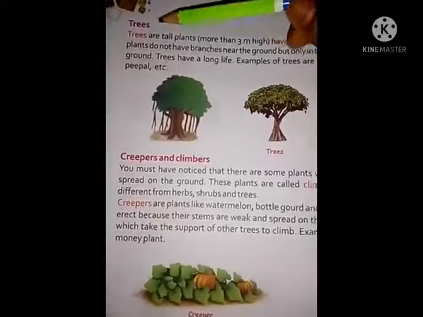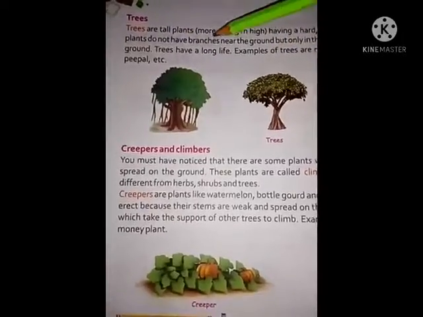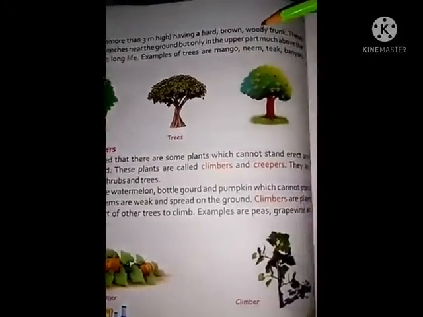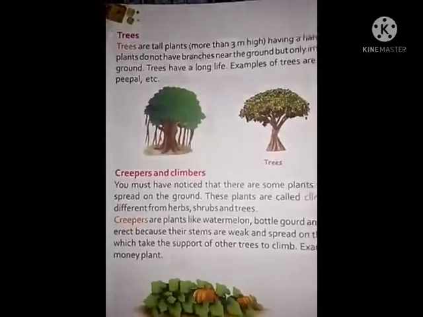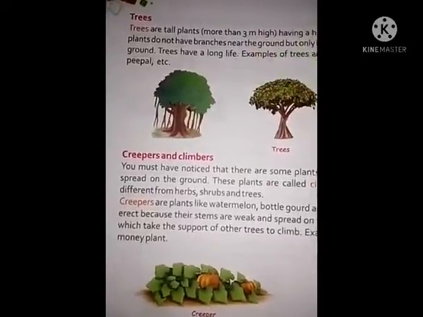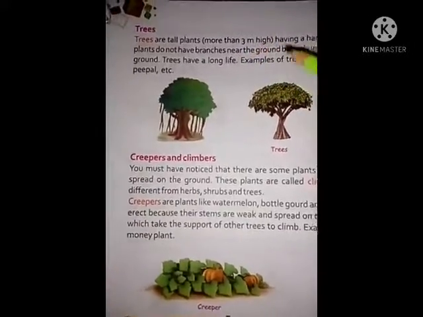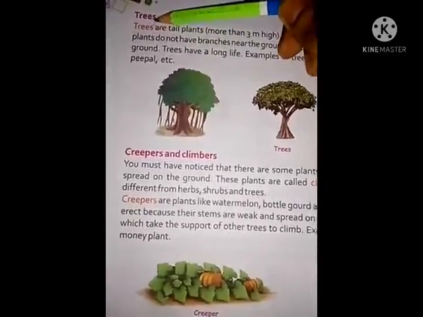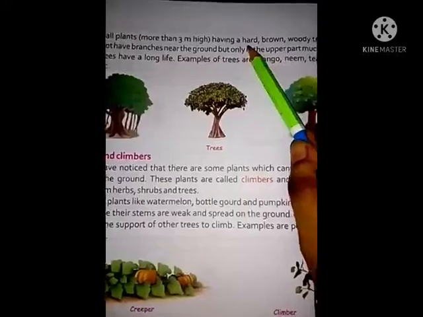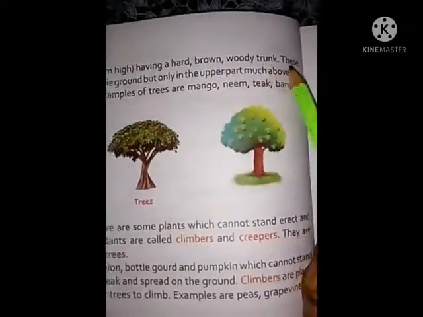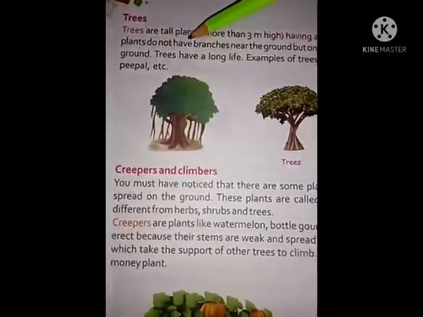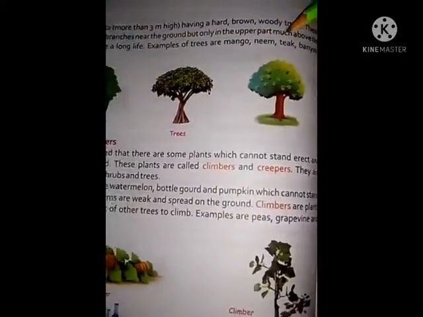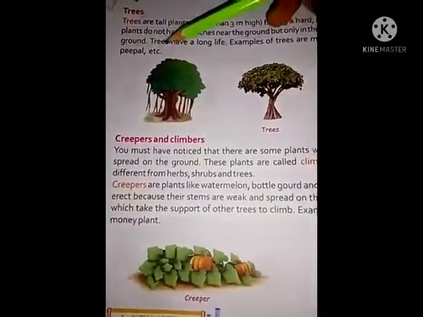Now see trees. Trees are tall plants more than 3 meter height, having a hard brown woody trunk. The plants which have more than 3 meter height are placed under the type trees. Okay, they have a hard brown woody trunk. These plants do not have branches near the ground but only in the upper part much above the ground.